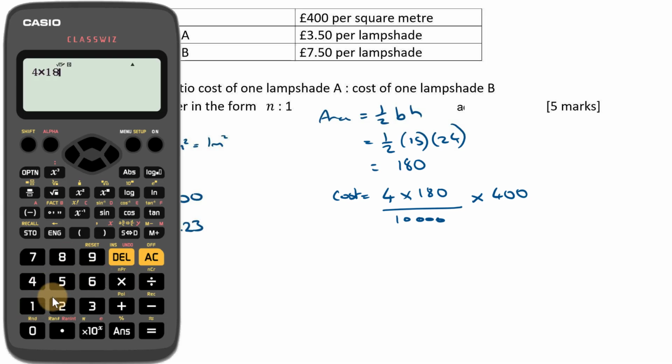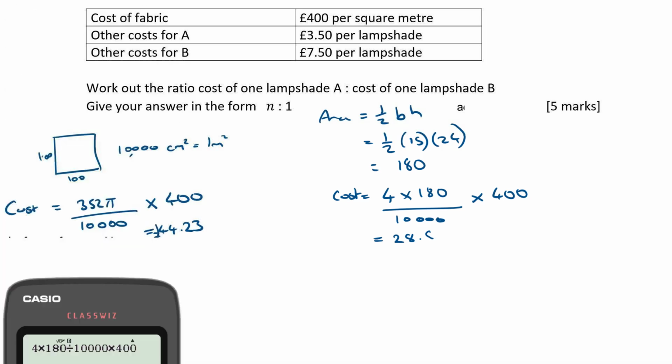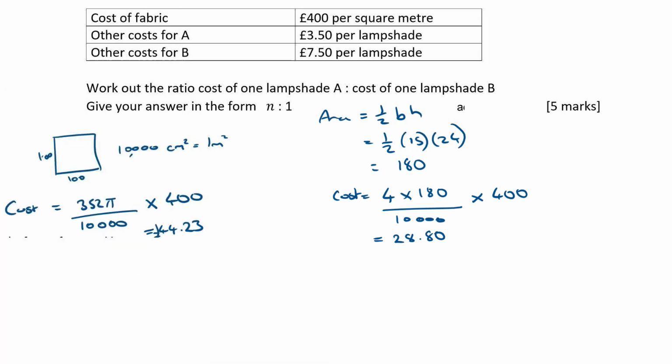So how much does this one cost then? 4 times 180 divided by 10,000 times by 400. So the material here costs £28.80. Okay, so a bit cheaper than that one, but then remember it's got more wiry bits for this one.